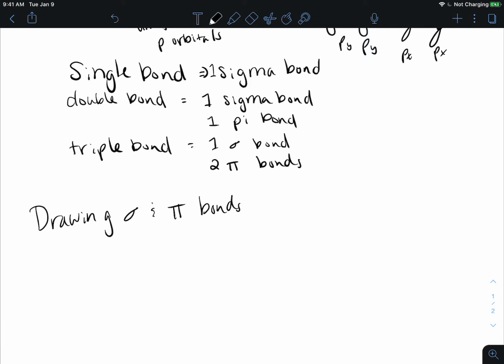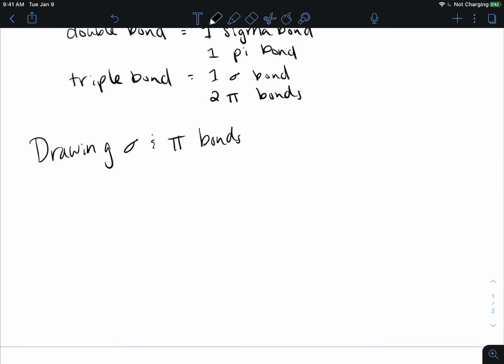So a common example of a sigma bond and a pi bond together in a molecule is C2H4. C2H4, if we were to draw out the Lewis structure, looks like this. Remember, each of our single bonds are sigma bonds. Each of our double bonds has a sigma bond and a pi bond.